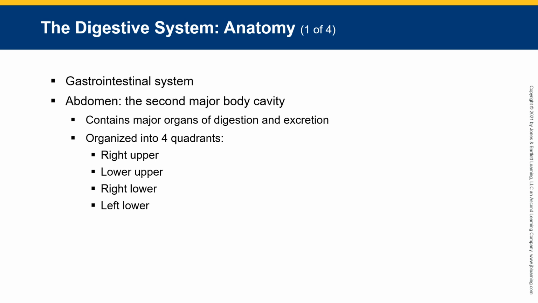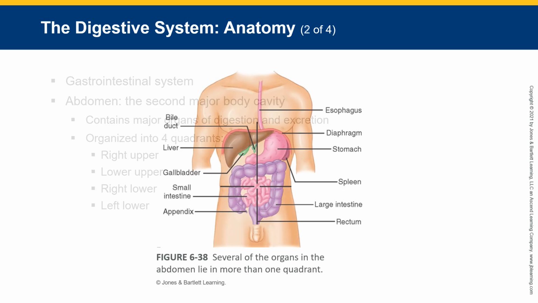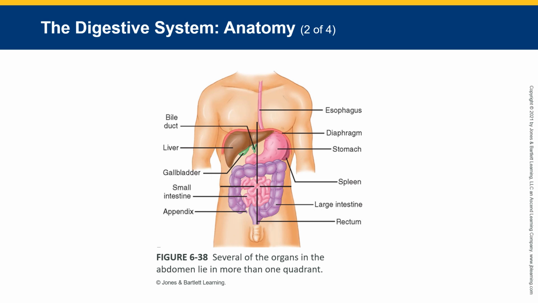Right upper, lower. Sternum, straight down, and then straight across with your navel or your belly button. So, standing here, my liver and gallbladder are all on this side, in the upper part, right?